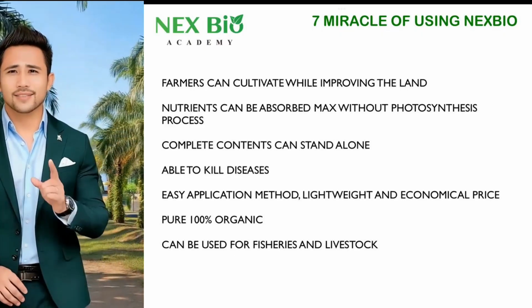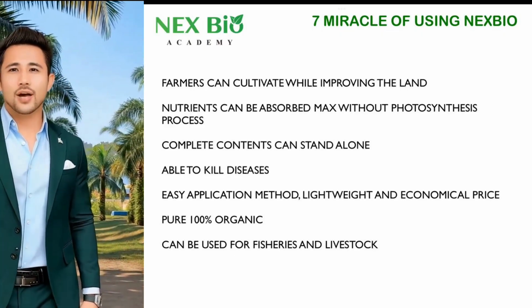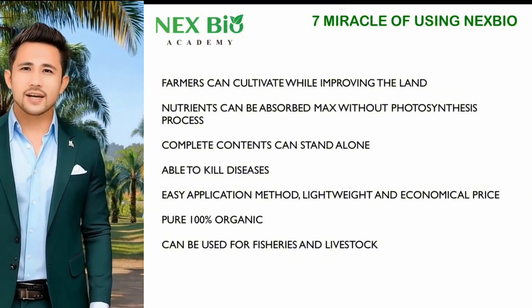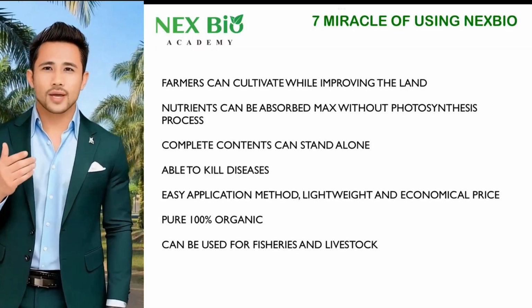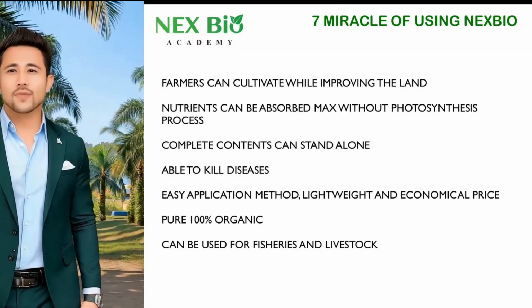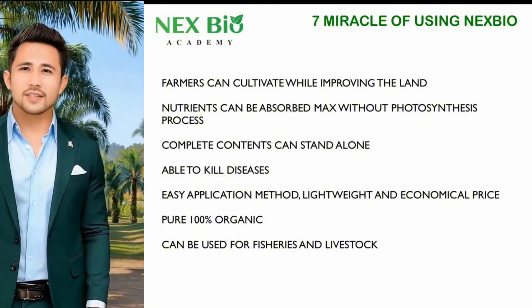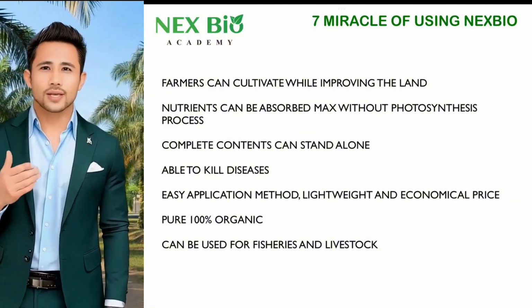The fourth thing is it is able to kill disease, not only release but kill disease. The fifth thing is an easy application method, lightweight and economical price. The sixth thing is pure 100% organic. And the seventh thing is it can be used for fishery and livestock.